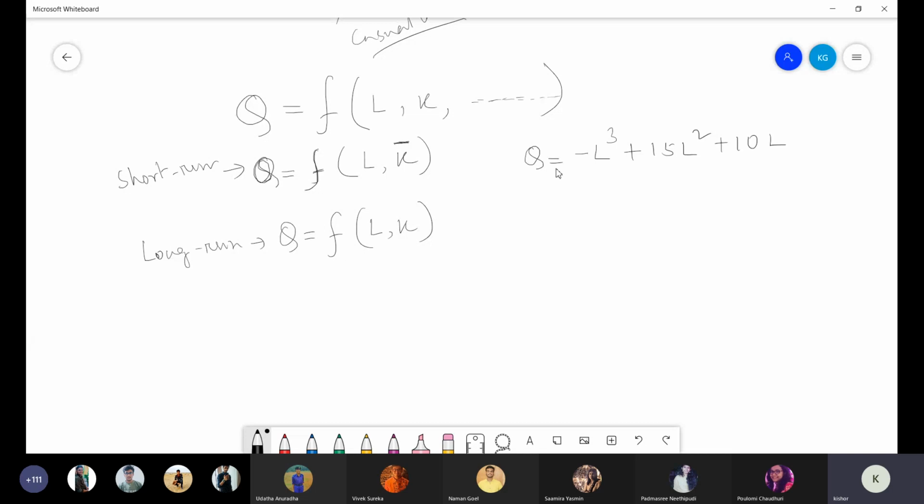But remember, this production depends upon whether it is short run or long run, because some of these issues will be the same. Your production function depends upon certain assumptions. One assumption is that only two inputs you are considering, labor and capital, because we are considering a two-dimensional space to draw different diagrams.